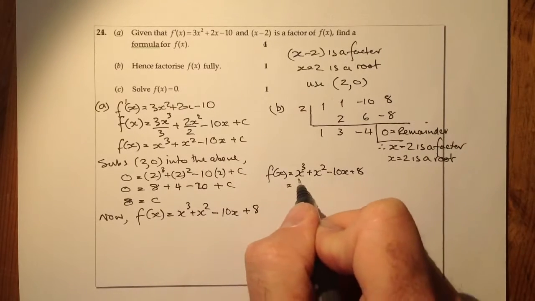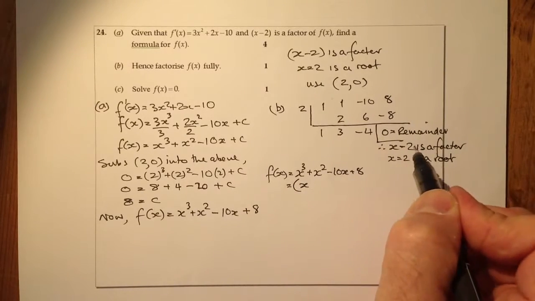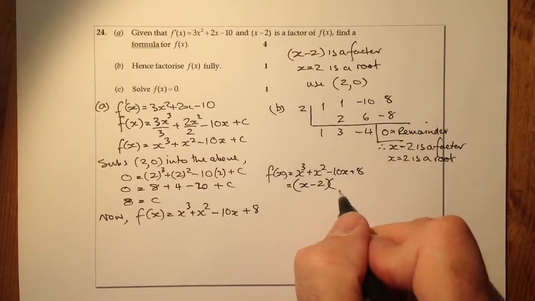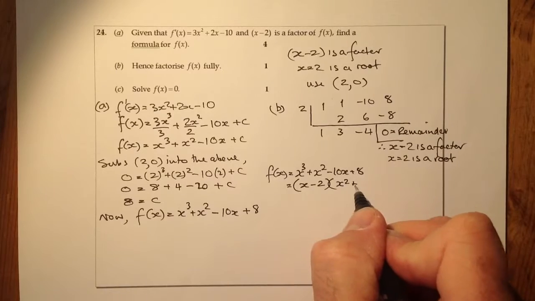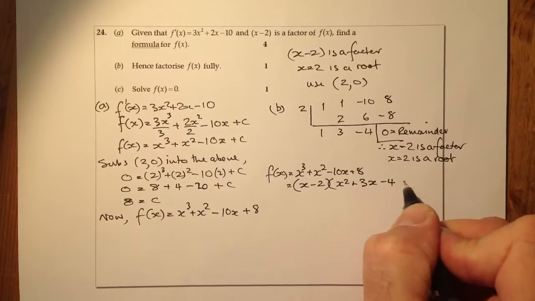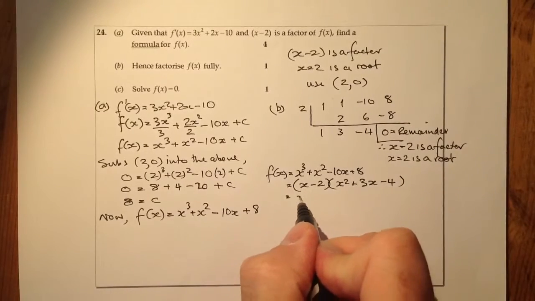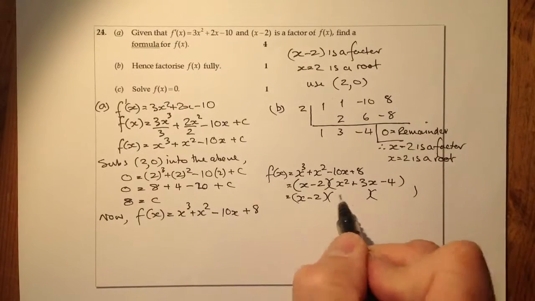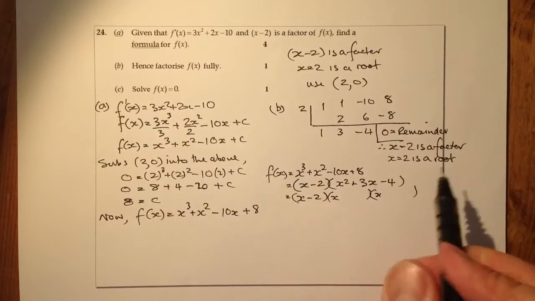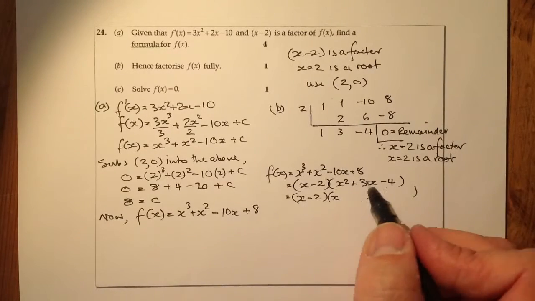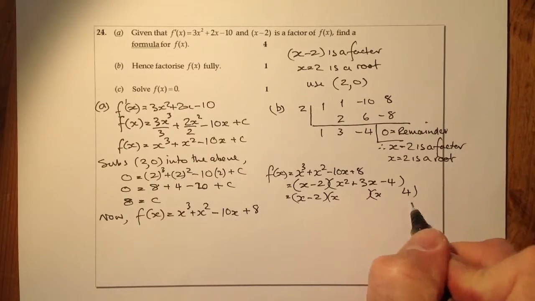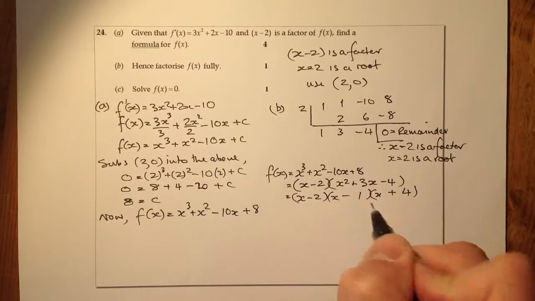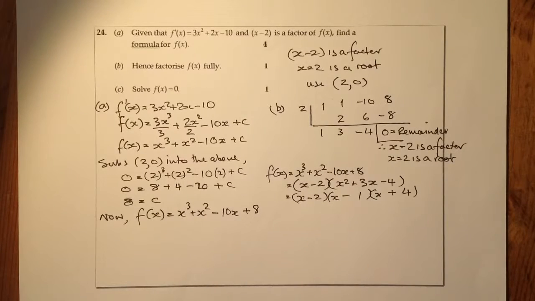That's going to be equal to x minus 2 that we've got as a factor, and I'll take the quotient from here, so that's x squared plus 3x minus 4. And from there I'll factorise the trinomial in this bracket here. What I should get is x and x, and two factors that make 4, difference of 3. I'll go for 4 and 1. And I'll go for the biggest one being positive. And that should be it, factorised out completely.